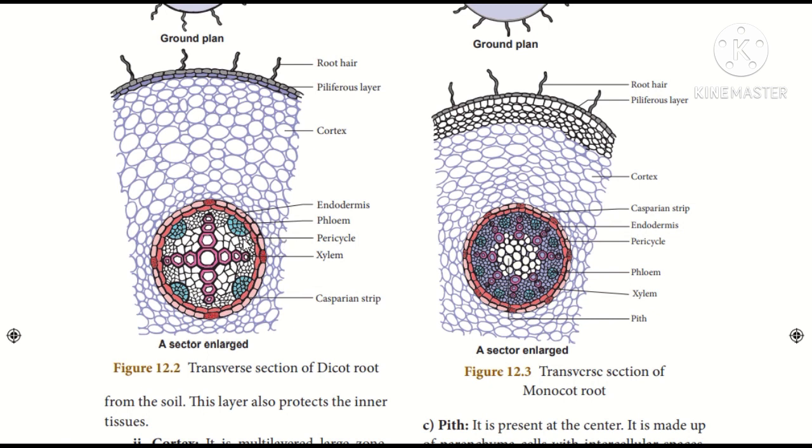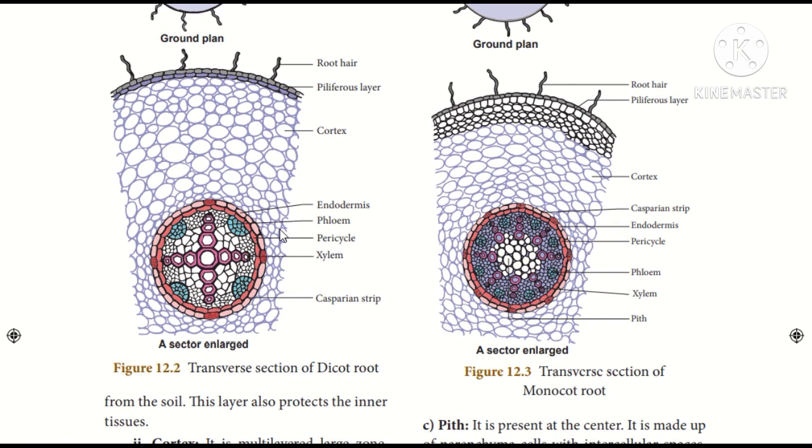Children, you can see here the pericycle is a single layer, and it is the place where lateral roots arise. You know what lateral roots are? They are the roots that extend horizontally from the primary root, from the radicle. This is the pericycle.